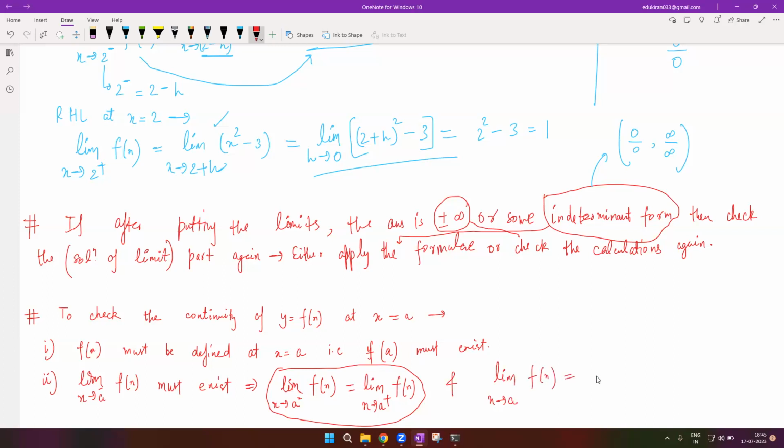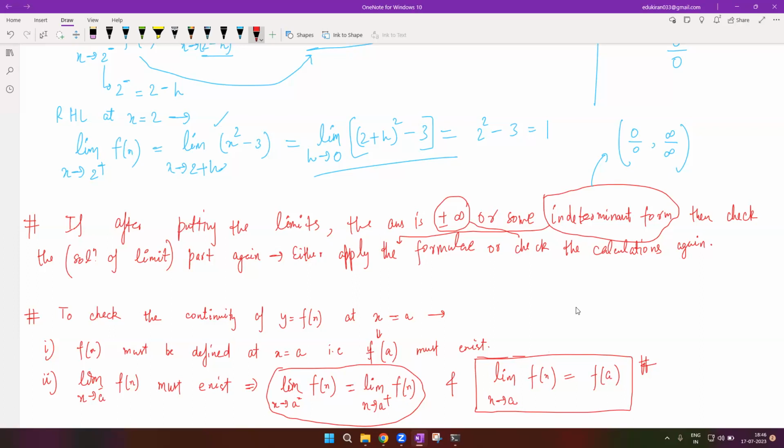So if you are saying that the given function is continuous at some point x equals a, it means that the value of the function at x equals a, which can be called f(a), should be equal to limit x tends to a negative f(x), which should be equal to limit x tends to a positive f(x).